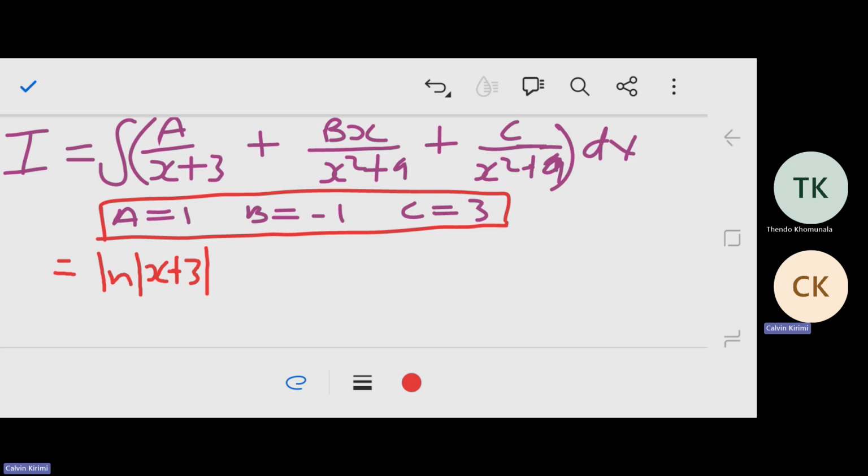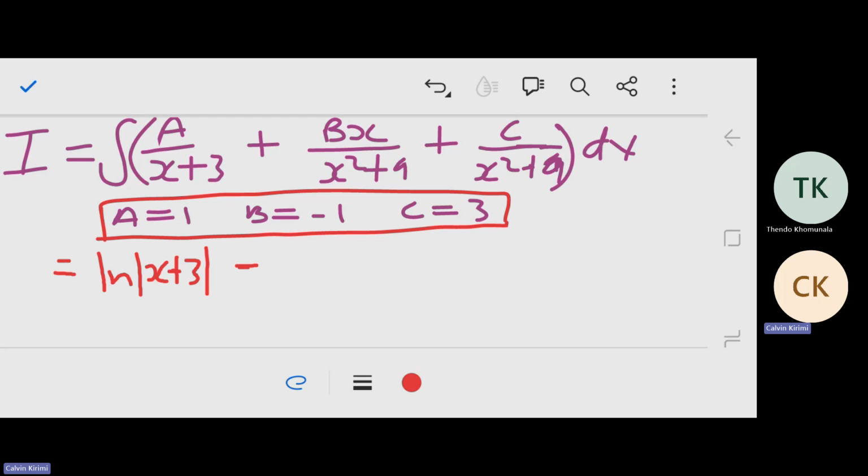Then the second part, -1. For -1, we are going to put the negative outside. In other words, it's going to be negative, where we are going to have x squared plus 9.